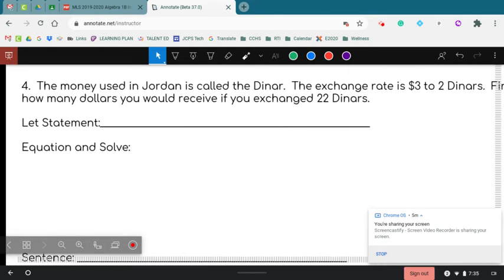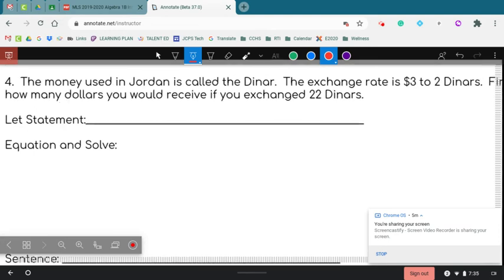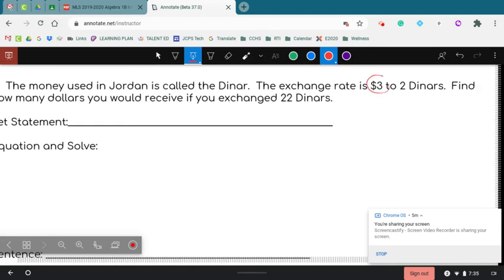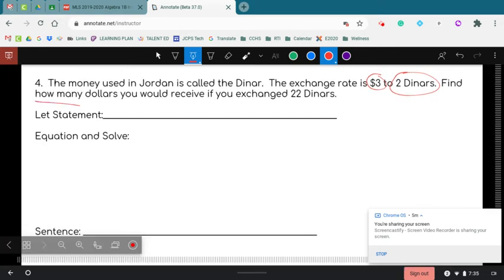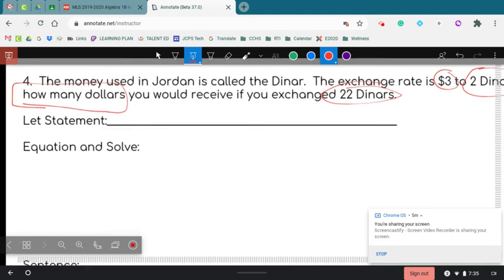Okay, it says the money used in Jordan is called a dinar. The exchange rate is $3 to 2 dinars. Find out how many dollars you will need if you exchange it for 22 dinars. So the exchange rate is $3 to 2 dinars, and you have to figure out how many dollars you need to get 22 dinars.